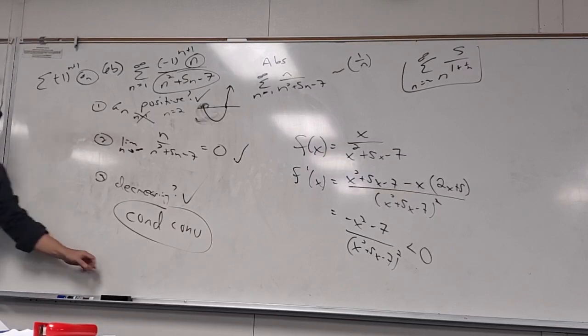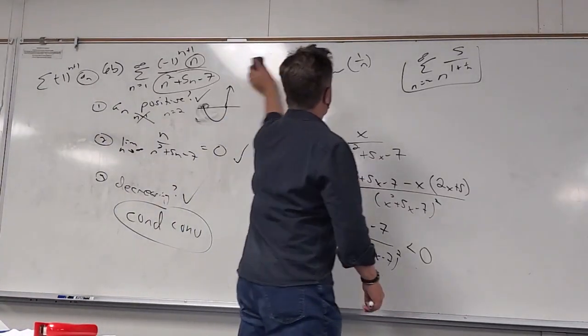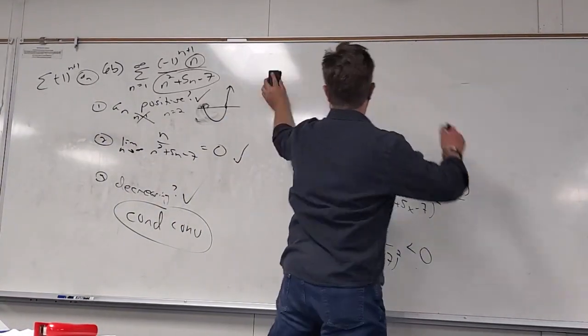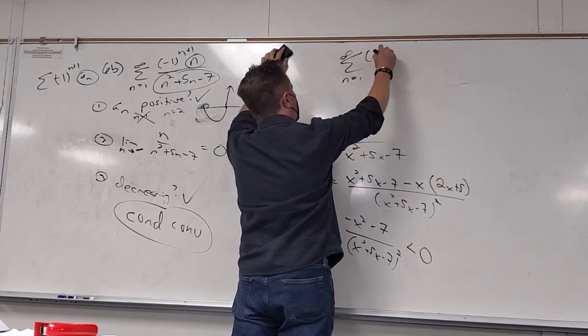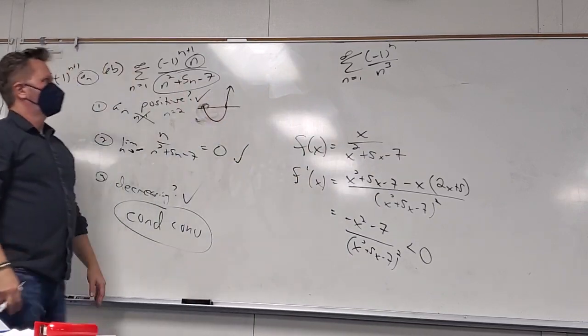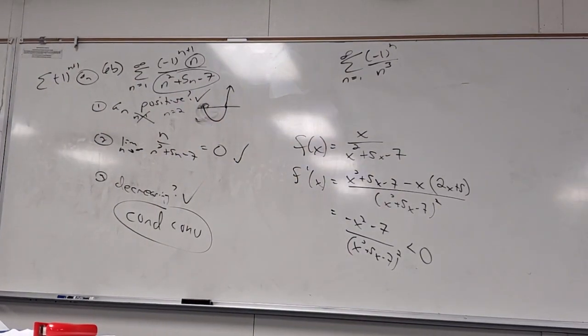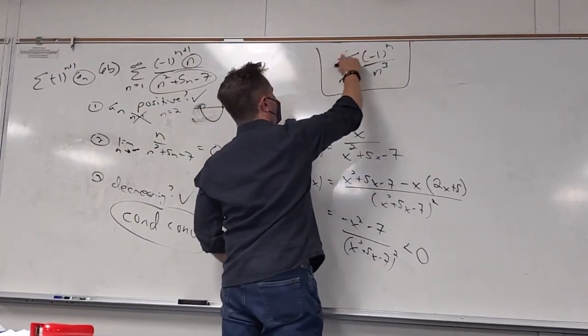So let me ask you kind of a tangential question. Tell me what you can about this series here. What can you tell me about that one? That's infinity, by the way.